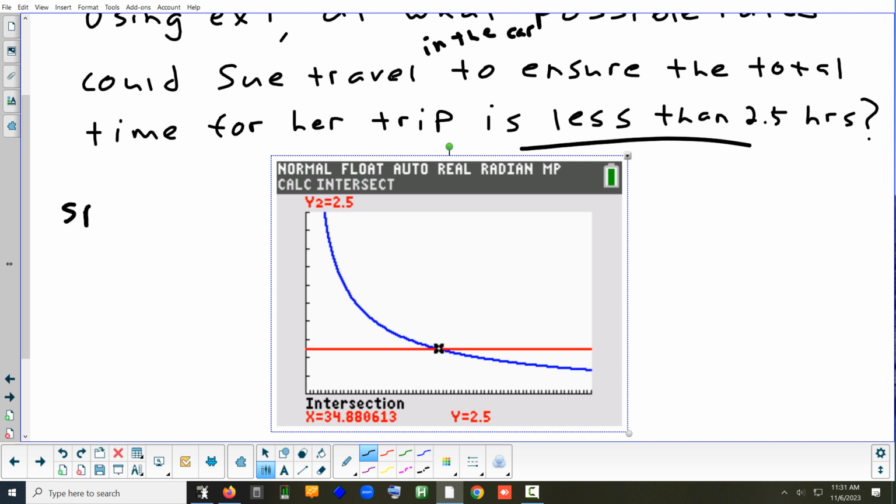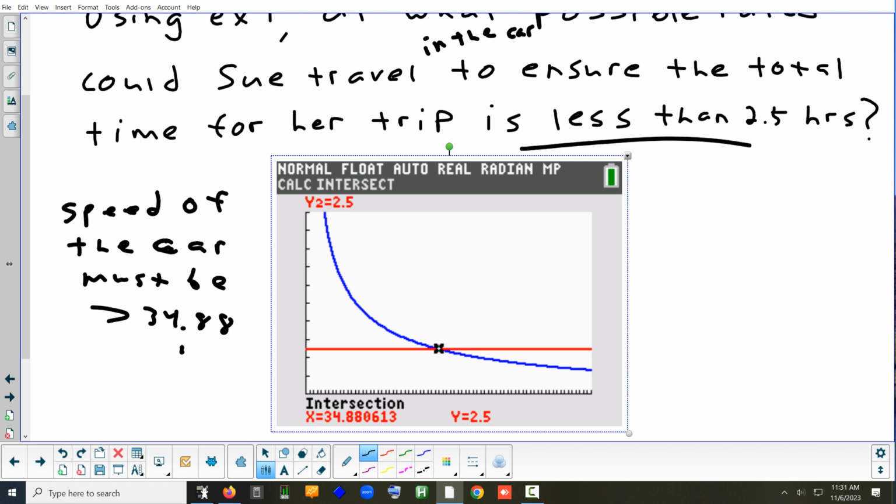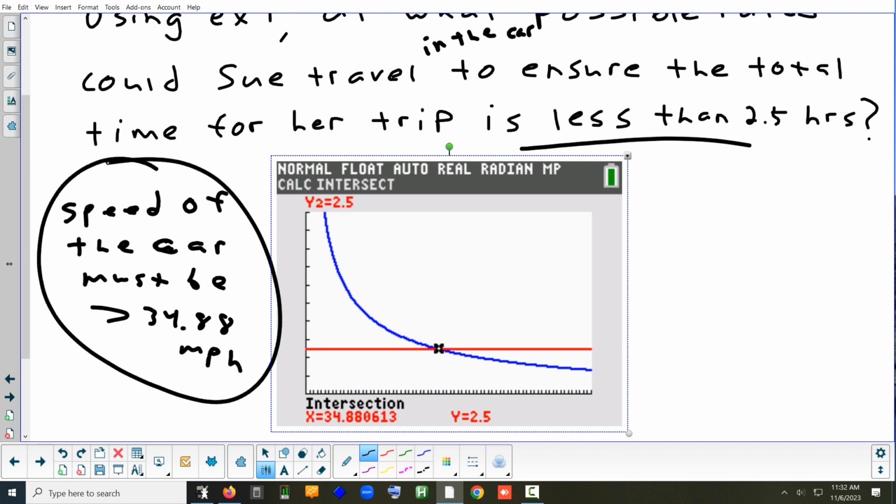So the speed of the car must be greater than 34.88 miles per hour. If it said she could complete the trip in 2.5 hours or less, then I would say, okay, we'll go with greater than or equal to. But in this case, it doesn't say 2.5 or less, it just says less. Any question on that?